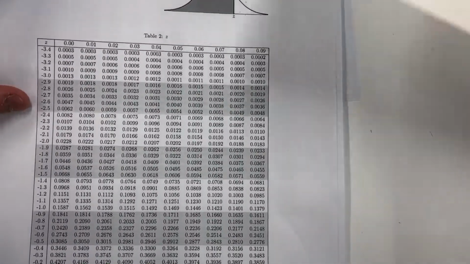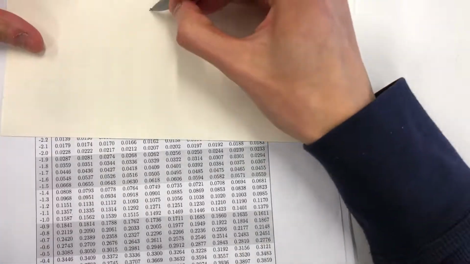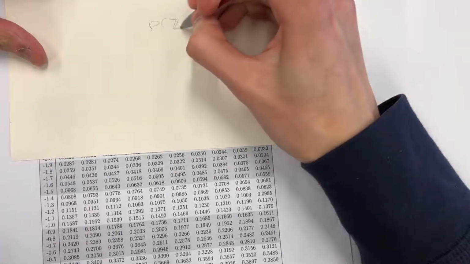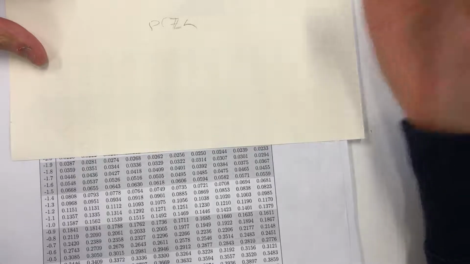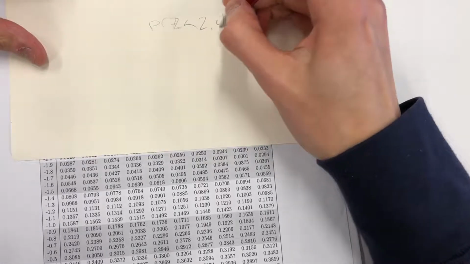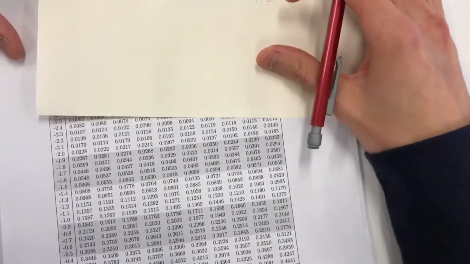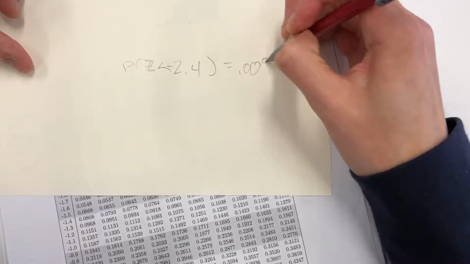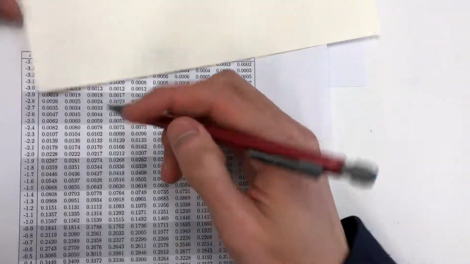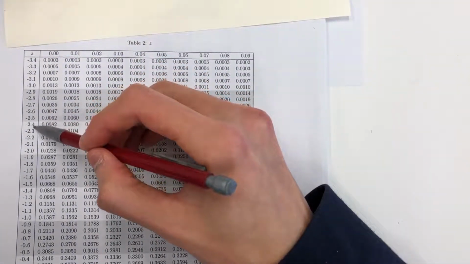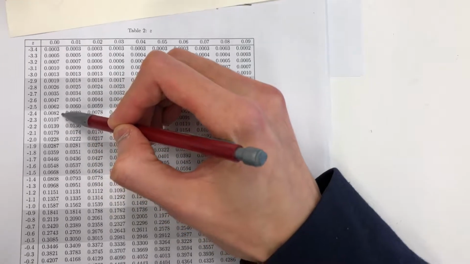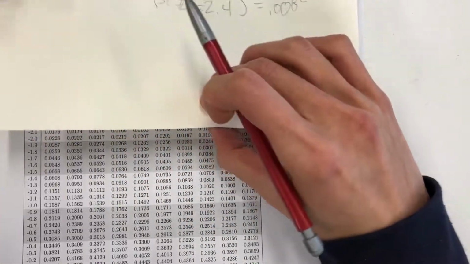So the proportion that Z is less than negative 2.4 is equal to 0.0082. So my first digit is 0.4. So negative 2.4 is 0.0082.